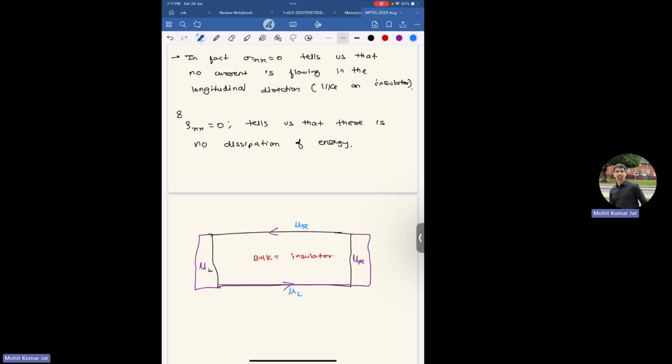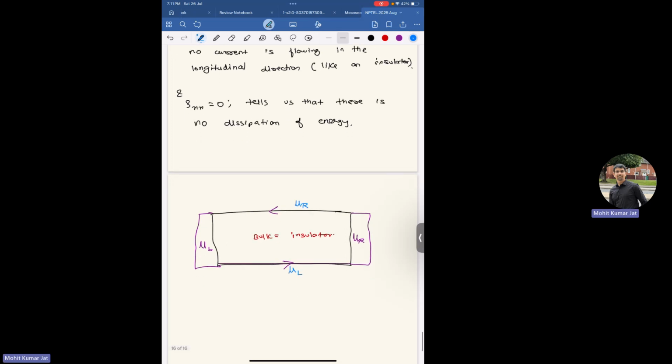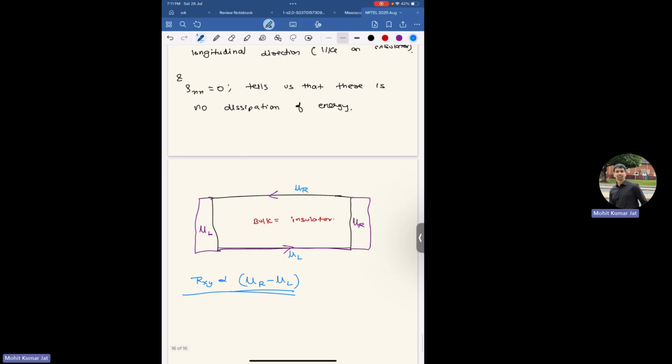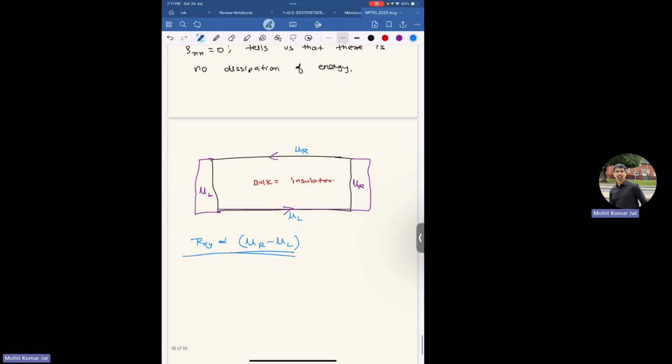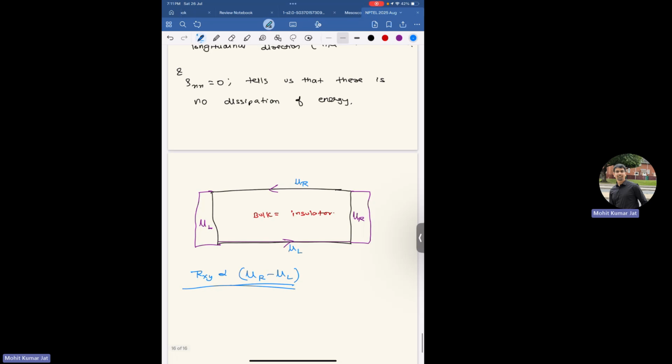This will be at mu left potential. And bulk will be insulator. And your Rxy will be directly proportional to mu R minus mu L, the change in the chemical potential between these two edges. And that's what it is. So whatever you measure, Rxy is just the difference between the two chemical potentials at these two ends, with some constant in the front. And this is what the quantum Hall effect is.